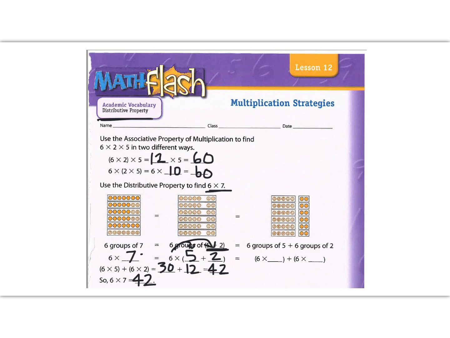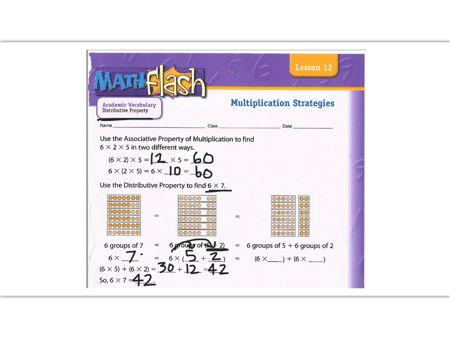So all they did again is 6 groups of 7. They made 7 in parentheses 5 plus 2 because 5 plus 2 is 7. And then you distribute 6 times 5 plus 6 times 2. 30 plus 12 is 42. So here you have 6 groups of 5 plus 6 groups of 2.